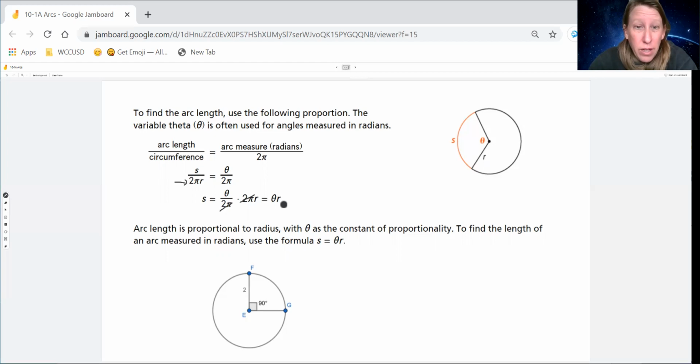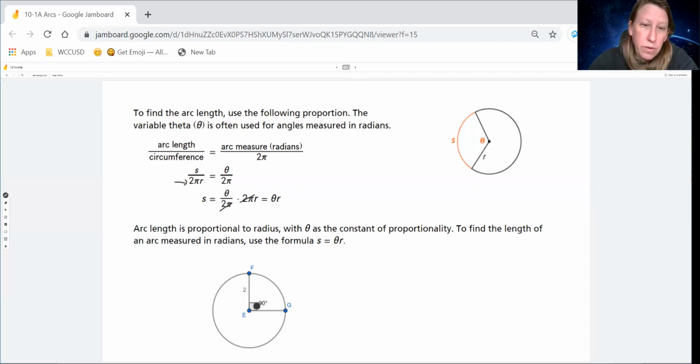You just multiply the radian measure by the radius. So arc length is proportional to the radius, and theta is the constant of proportionality. To find the length of an arc measured in radians, all you have to do is multiply the two numbers that are given to you, the theta and the radius.